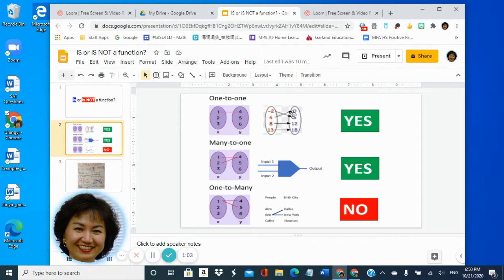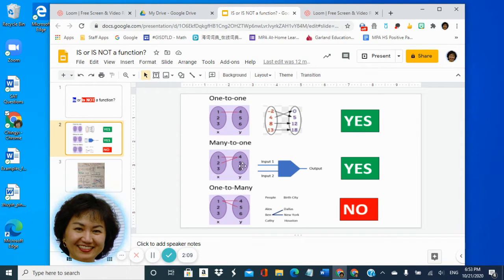Like this example shows, sending -2, you get 5 out. 4 goes in, 0 comes out. 8 goes in, 12 comes out. 13 goes in, 18 comes out. So different input, we get a different output. That is a function relation.